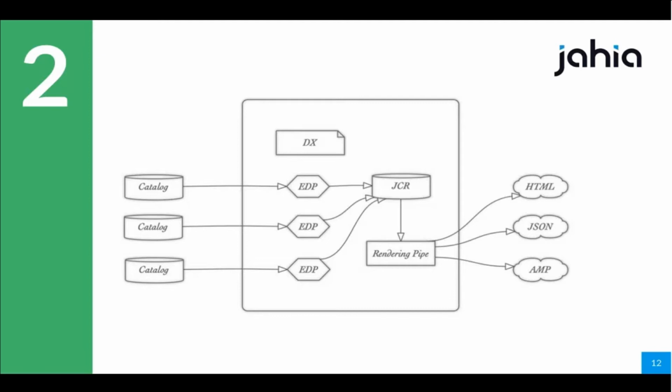So everything else that is using the JCR will be able to use those nodes directly, especially the rendering pipe. It means that if you already have rendering in HTML, JSON, or AMP of your nodes, as soon as you expose them with the external data provider, you will have access to those views and be able to render those data.